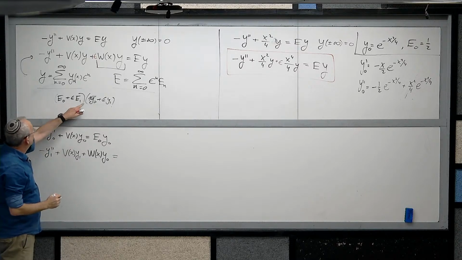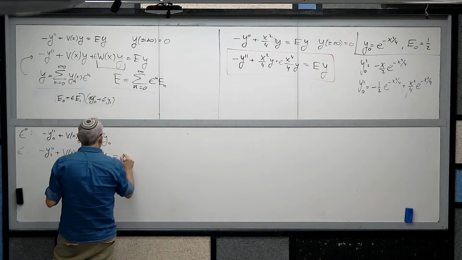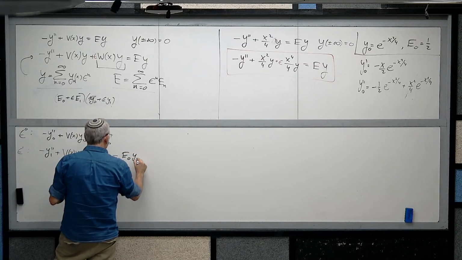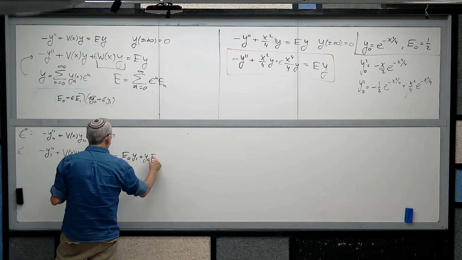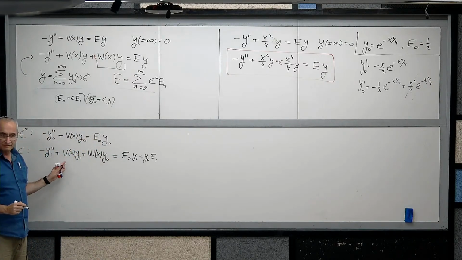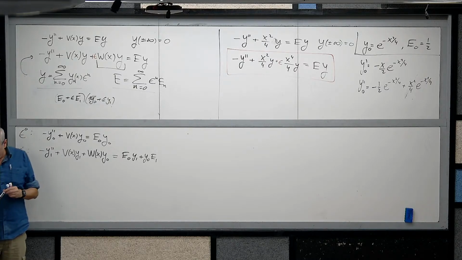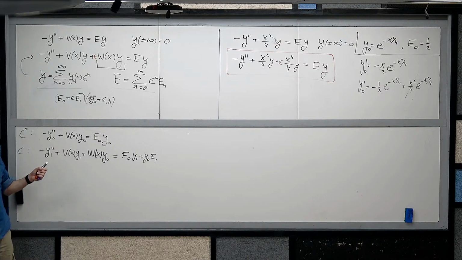So I have here E naught Y1 plus Y naught E1. This is the first order, the first correction, right?